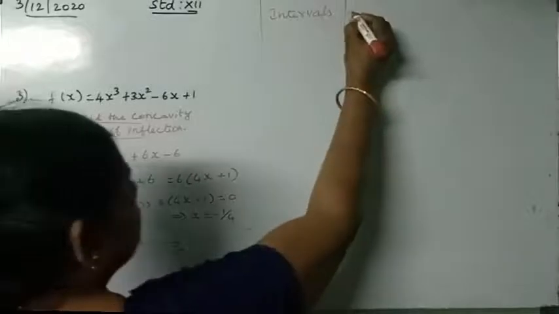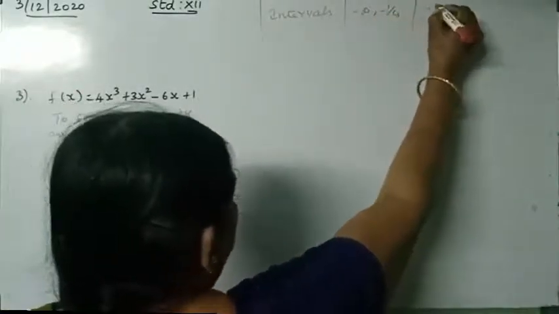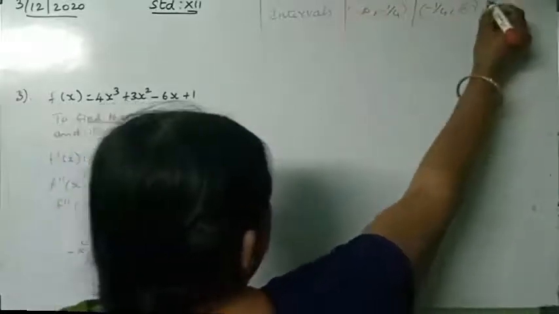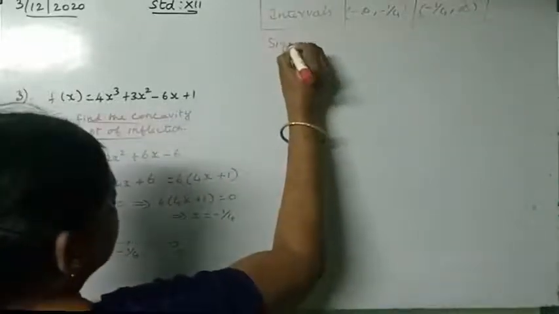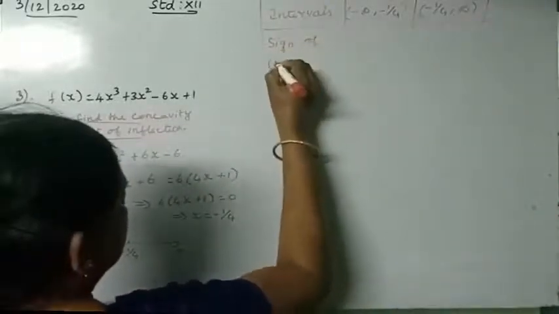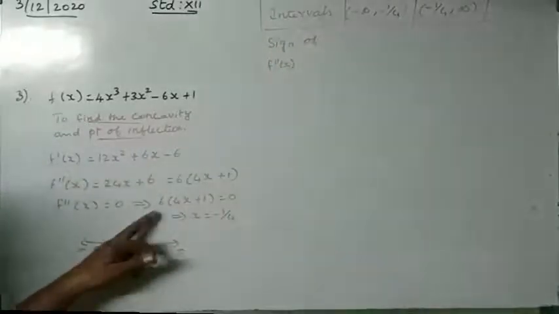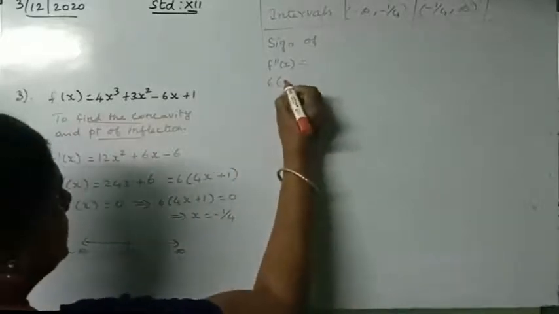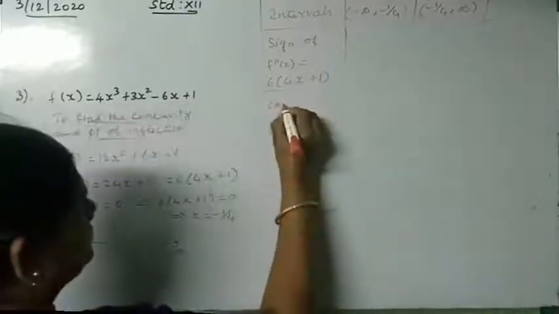So the two intervals are minus infinity comma minus 1 by 4 and minus 1 by 4 comma infinity. Now we want to find the sign of f double dash of x. f double dash of x is 6 into 4x plus 1. Now find the concavity.